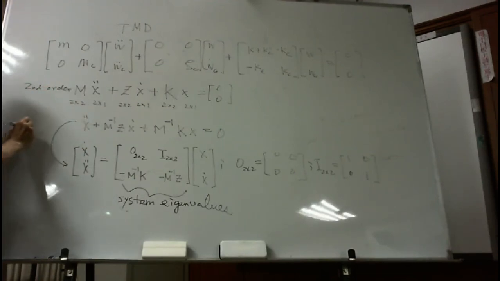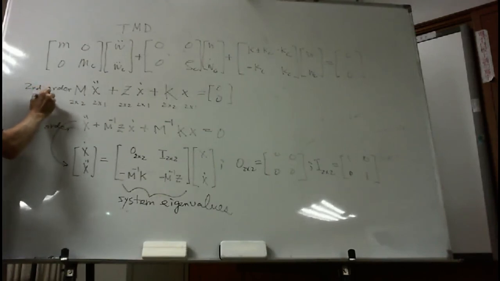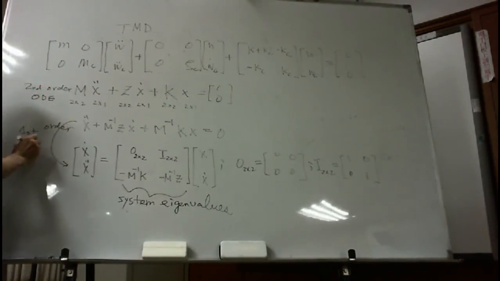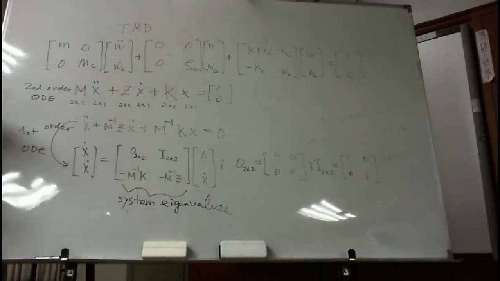This is a second order ODE, and this is a first order ODE. Agree? This is from your engineering mathematics. How can you solve a second order matrix equation? It's just converted to first order, and that's the way you solve it. Any questions?